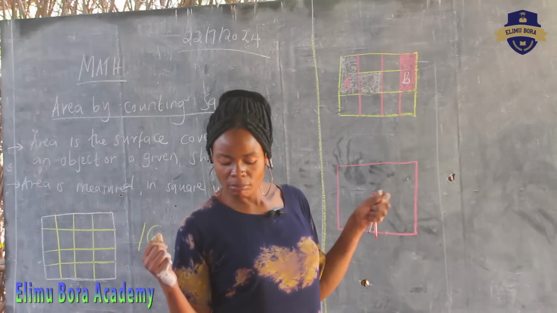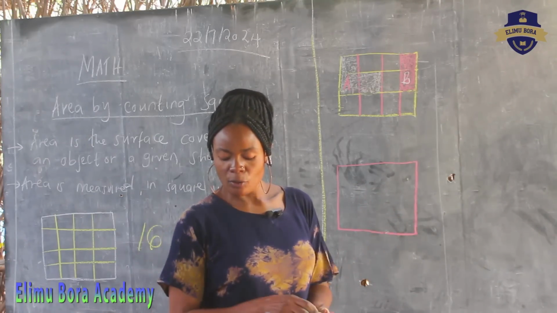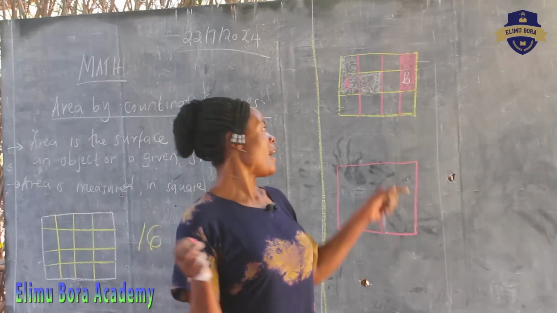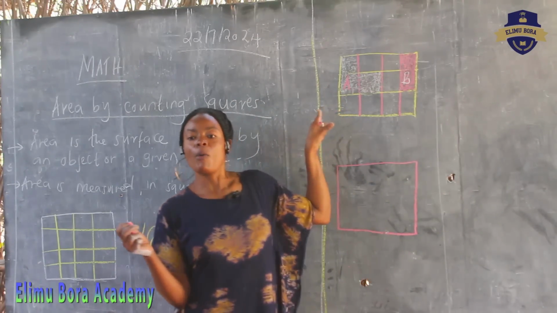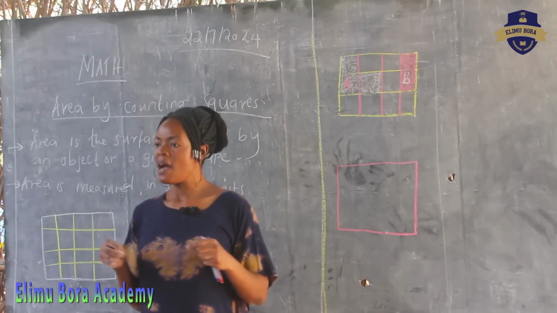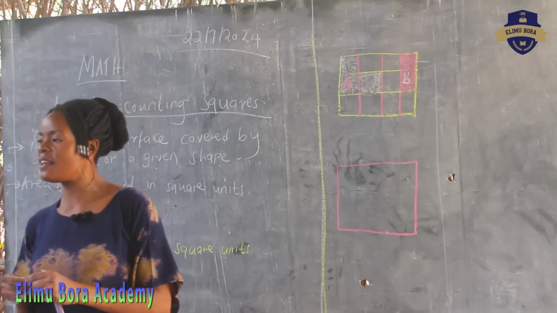We are going to choose the squares that are occupying a big surface. In the ones I've drawn for you, one of them is occupying a large surface area, and another one is occupying a small surface area.